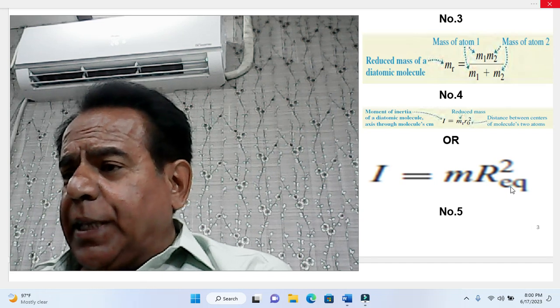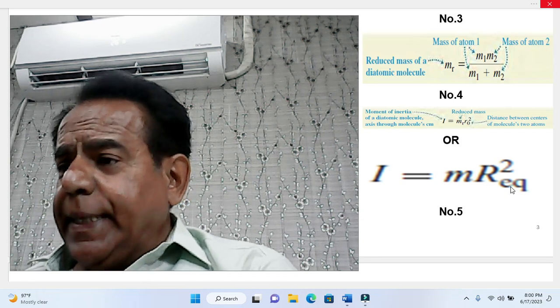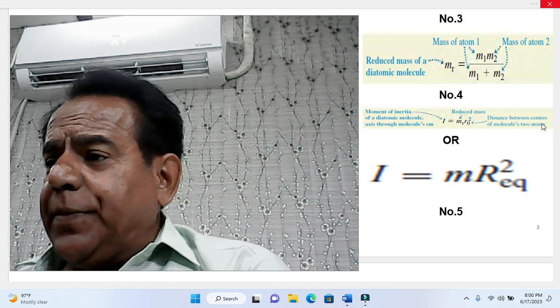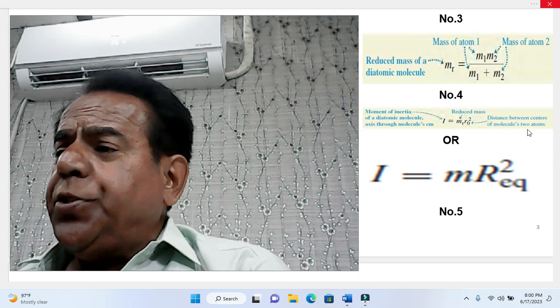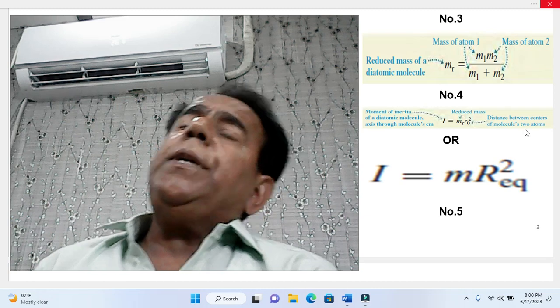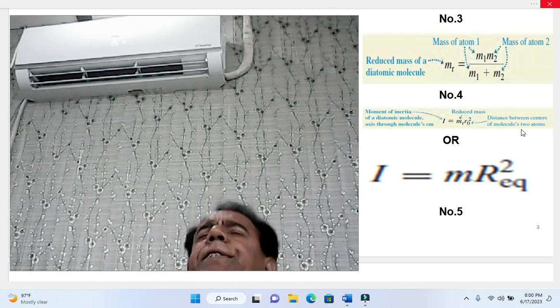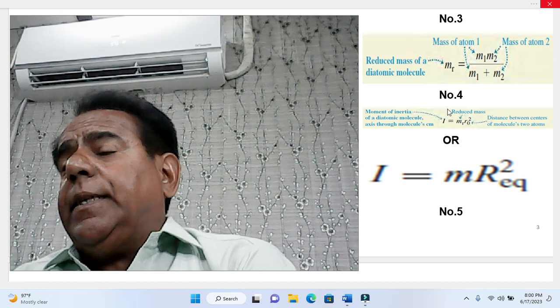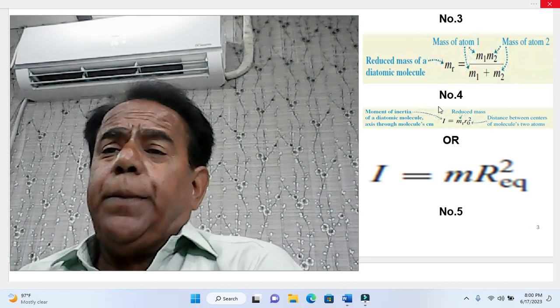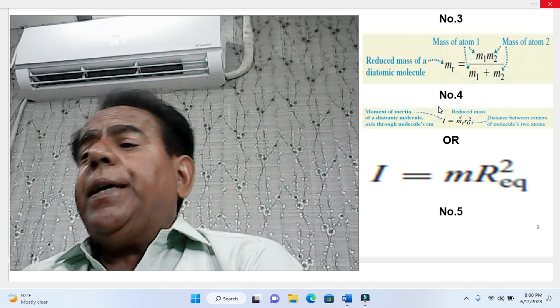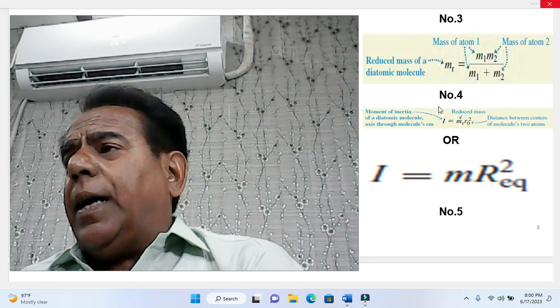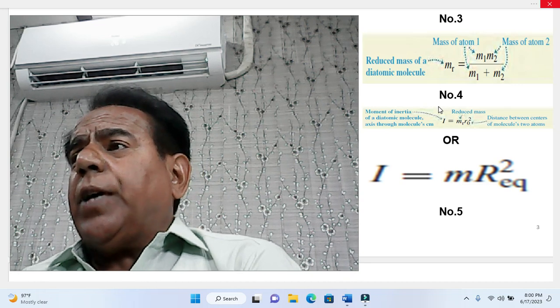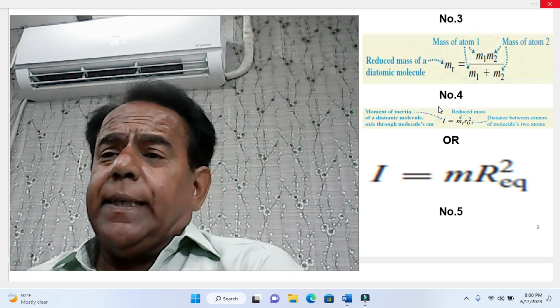R capital equilibrium deals with the distance between the centers of the molecule's two atoms. So in carbon dioxide, oxygen appears in double quantity. So here the mass of carbon will not be entertained.